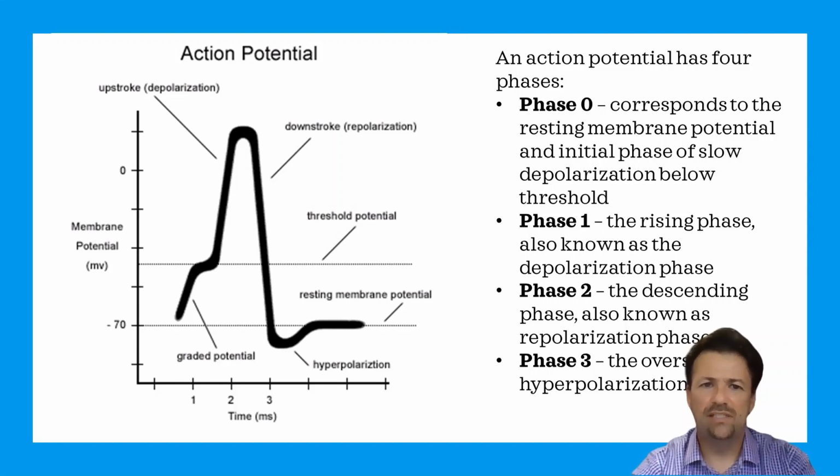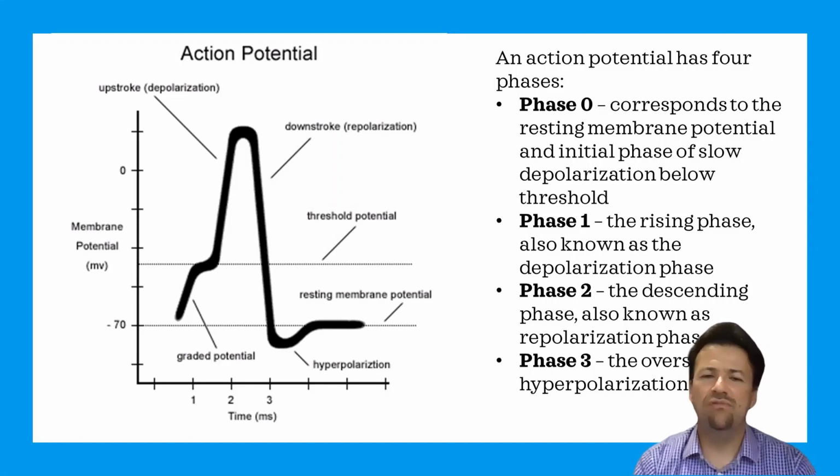Phase 2 is this downward slope here, often called the downstroke or the repolarization phase. Phase 3 is this small region here where the membrane potential becomes actually more negative than the resting membrane potential. It's often called the overshoot or the hyperpolarization phase. And then you notice the RMP returns back to normal, and we're back here in phase 0.